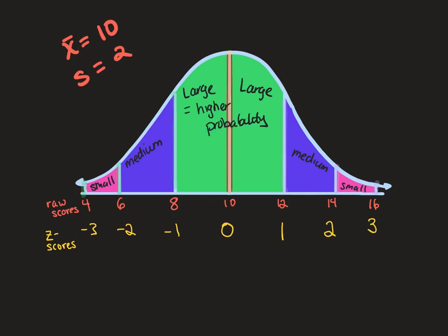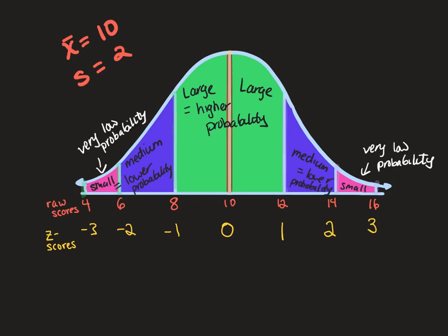Therefore, scores closer to the mean, such as those within 1 standard deviation above the mean and 1 standard deviation below the mean, here noted in green, are far more likely to occur or to be selected randomly than scores that are further from the mean, such as those that I've highlighted in fuchsia that are 2 to 3 standard deviations above the mean or between 2 and 3 standard deviations below the mean. Scores that are closer to the mean are more likely to occur and are thus more likely to be randomly selected when data are normally distributed than are scores that are further from the mean.